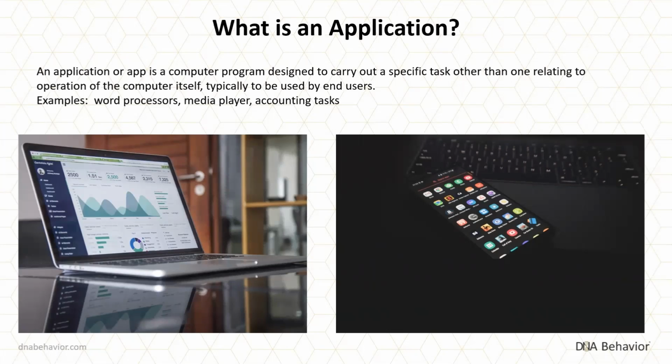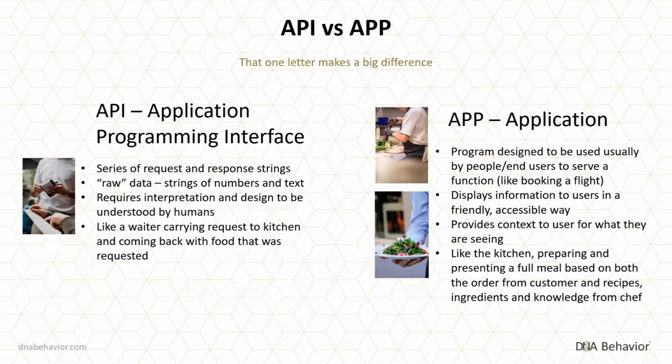So how do these two things differ? The programming interface is really a series of requests and responses. It's raw data or strings of numbers and text that are going back and forth. The API requires some sort of interpretation for humans to really be able to use it well.